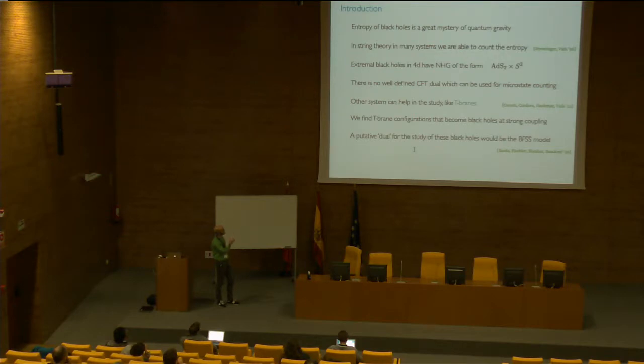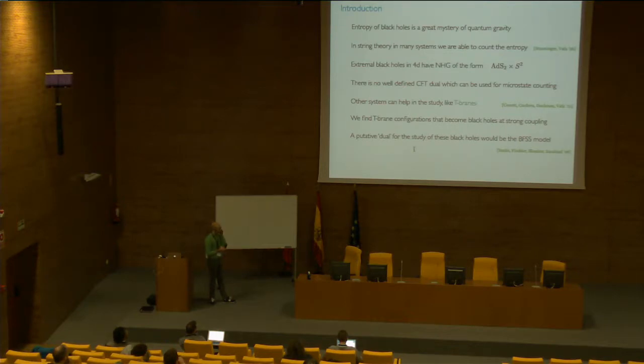So what we want to propose, at least, is that one can try to use some systems like T-branes. T-branes were introduced in the context of string theory for phenomenological reasons, but what we observe is that using T-branes, you can try to construct some states that, once extrapolated to strong coupling, should correspond to microstates of the black holes.